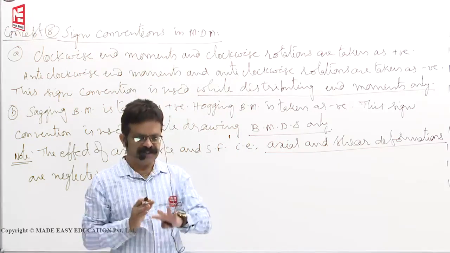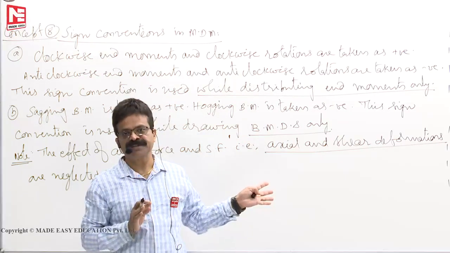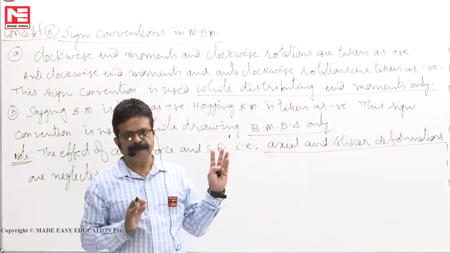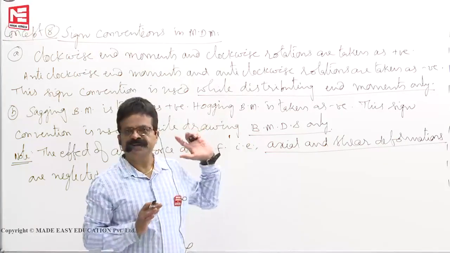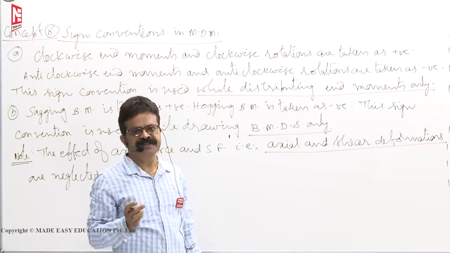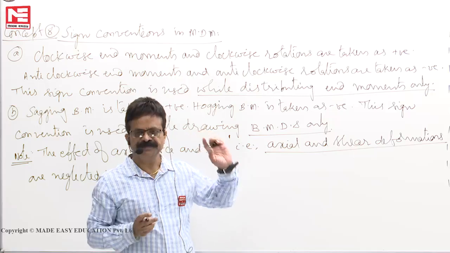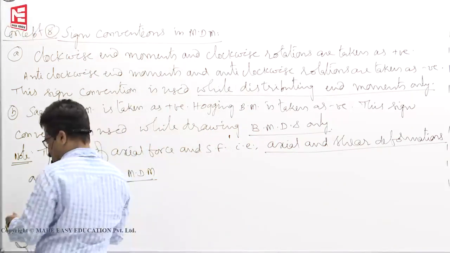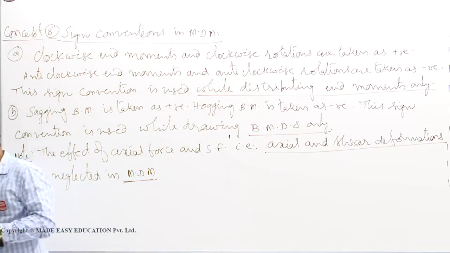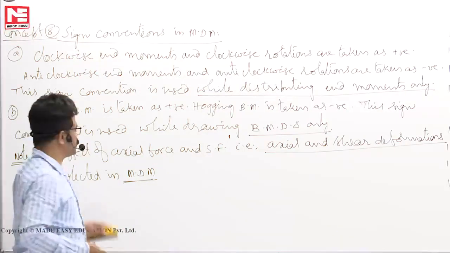At our BTech level, only these 3 applications need shear deformations in addition to bending. No other place do we consider shear deformations. Even when finding kinematic indeterminacy, we round shear deformations off to 0. Okay, with this understanding, let us see what Hardy Cross did in his moment distribution method.